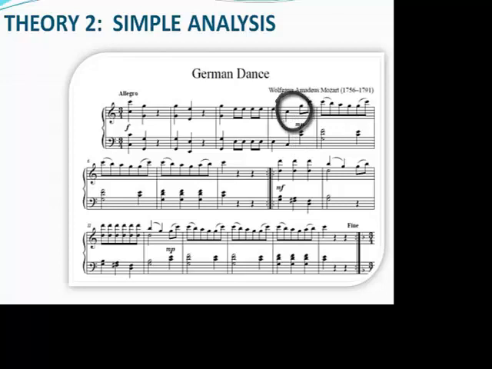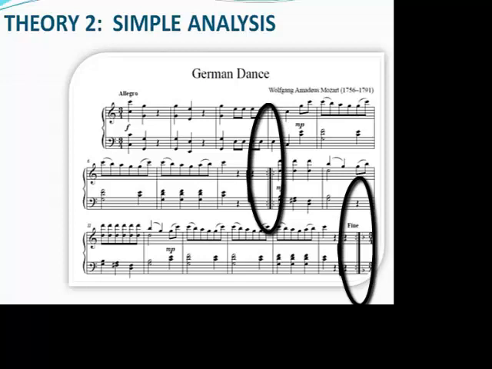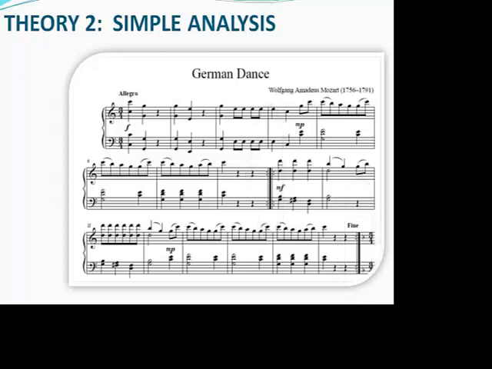You may be asked how many measures are in this piece of music. If you are, you'd also have to remember that there are repeat dots. So this would be 32 measures is what you're looking at. You may be asked to find a slur.